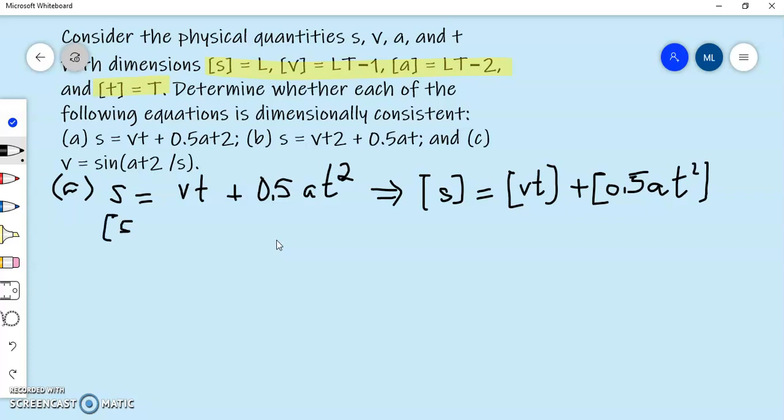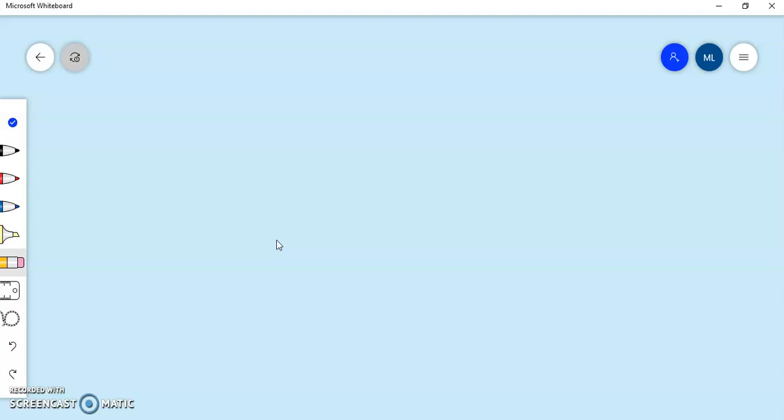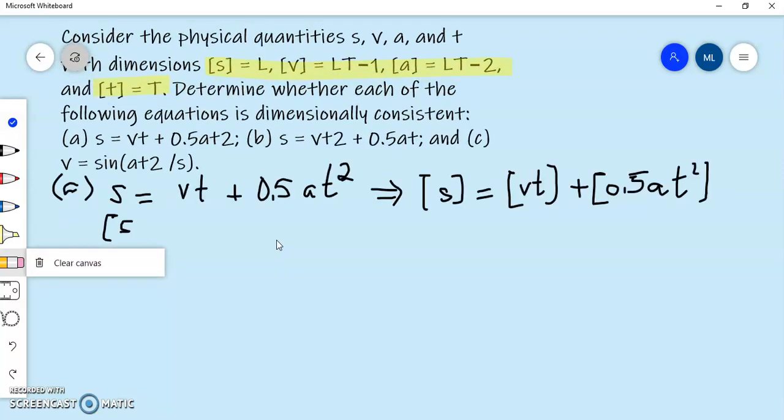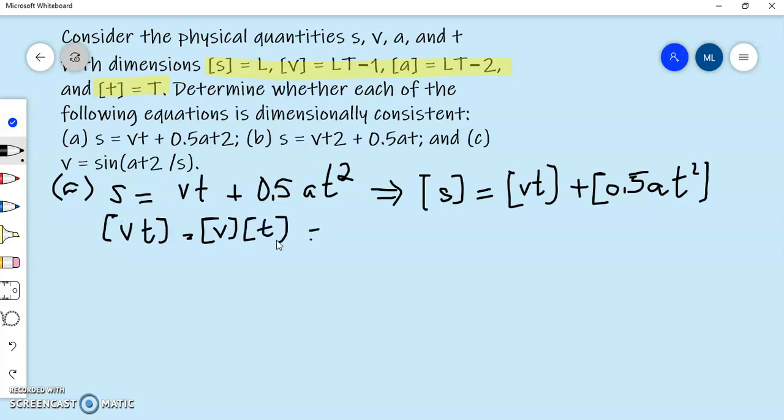The dimension of v t is the product of the dimension of v and the dimension of t.